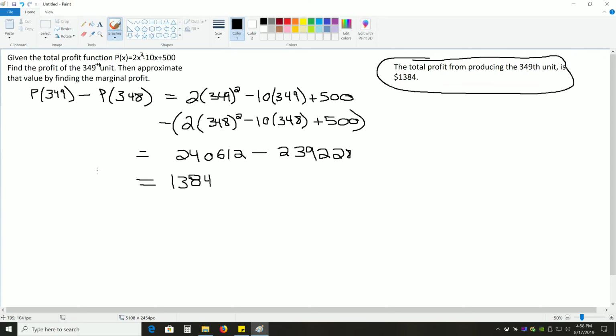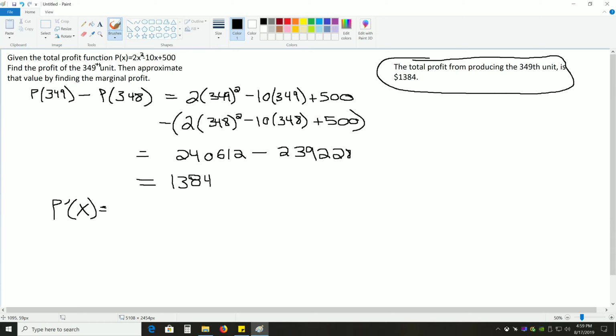Now the second part says we need to approximate that value by finding the marginal profit. The marginal profit is a formula we have using derivatives. If you take your profit function and find its derivative, let's start by finding that derivative.